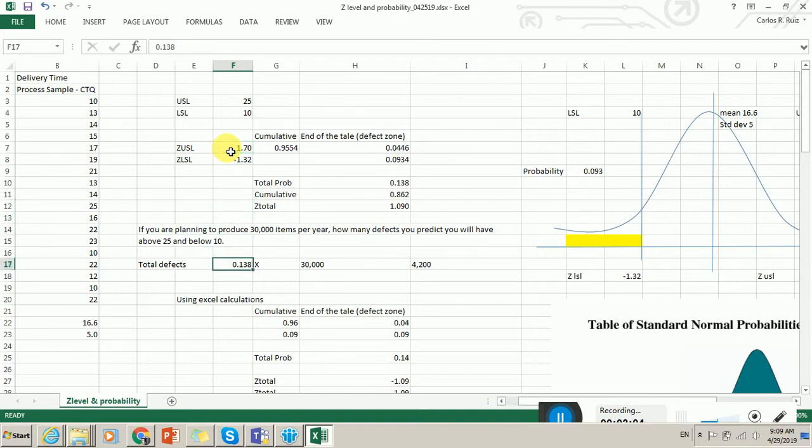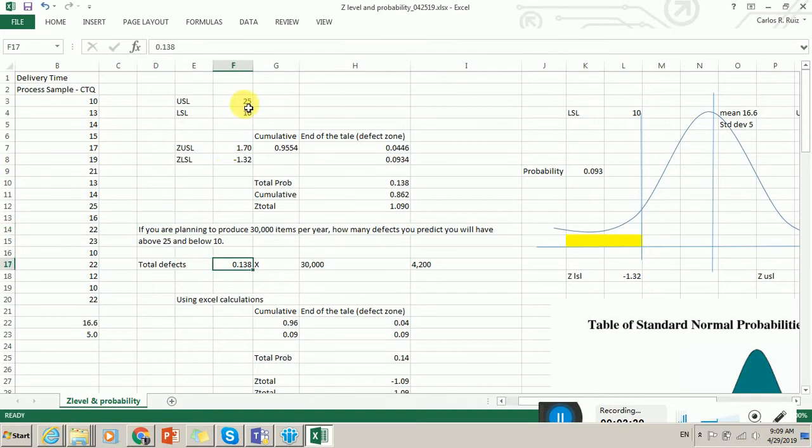Now, finally, let me show you how I will use that information to say how capable my process is. If you are planning to produce 30,000 items in a year, let's say of that report, how many defects do you predict you will have above 25 and below 10?